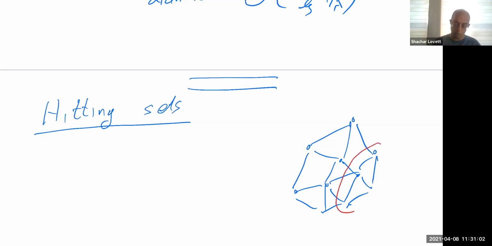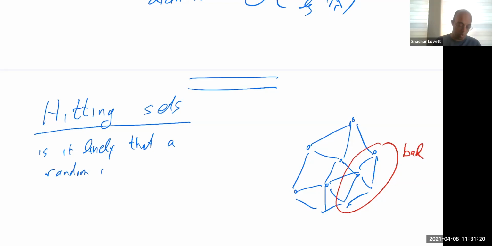Maybe these ones are bad. Is it likely that a random walk is trapped in a small set of bad nodes?